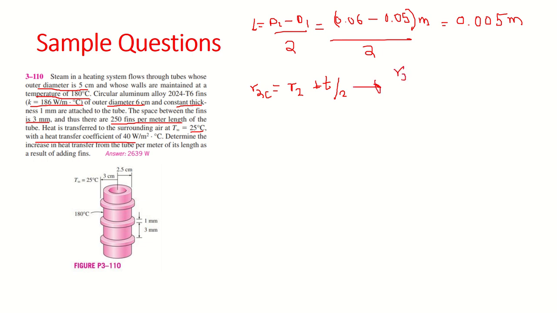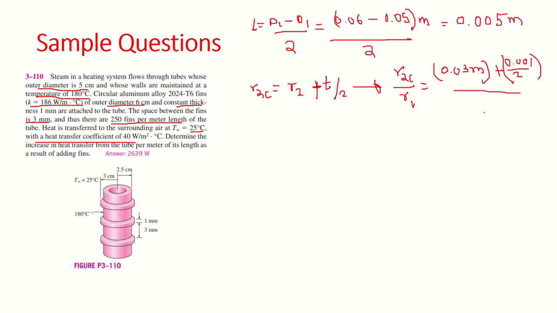I'll try R2 to see the curve, R2C over R1. R2 in our case is 0.3 meter, plus thickness by 2. Thickness is 1 millimeter, so 0.0001 by 2, divided by R1.